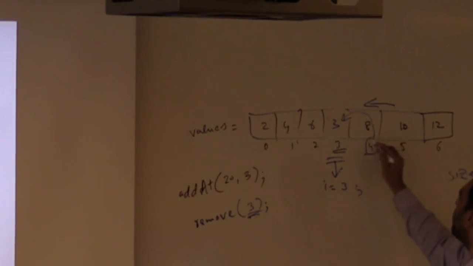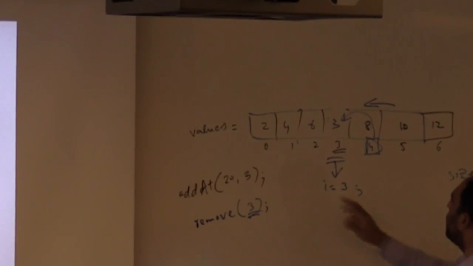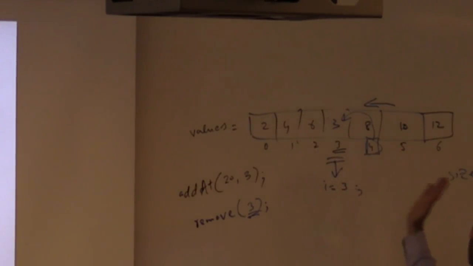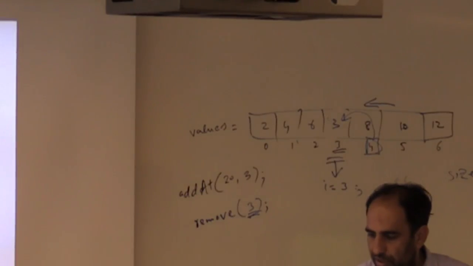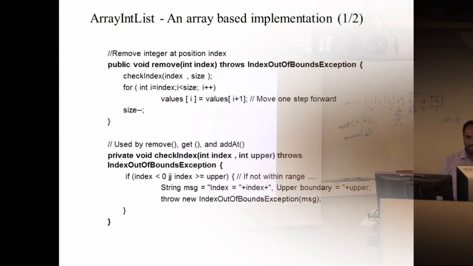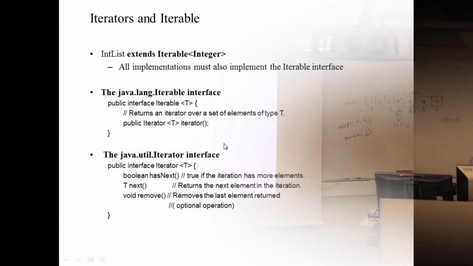We need to do i + 1 because the value one index after the value that we want to remove should be moved to the left, okay? So coming back here, that's why if you have so many add and remove operations, the performance of your implementation will not be good.